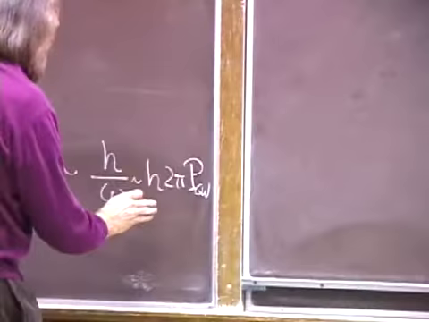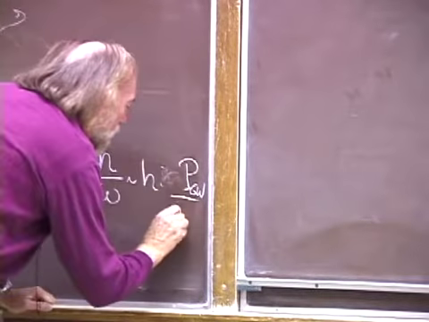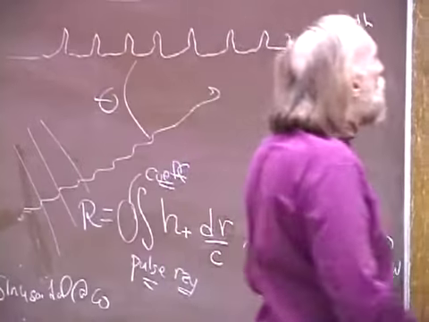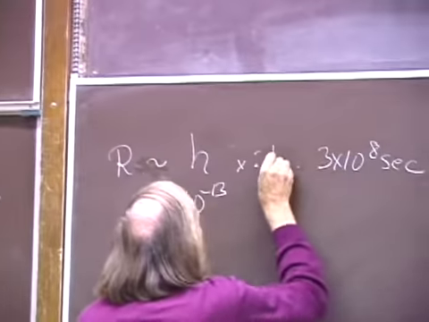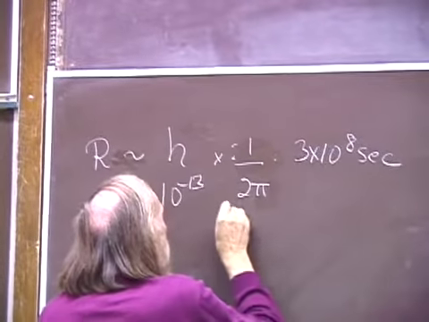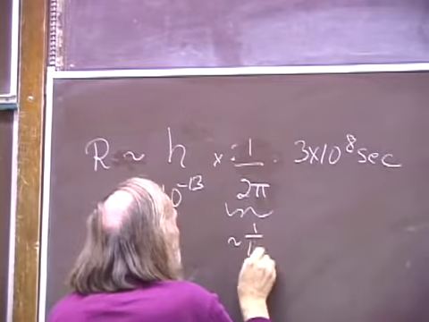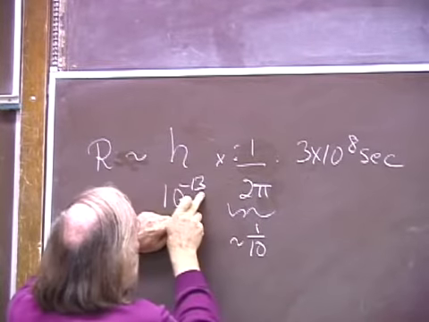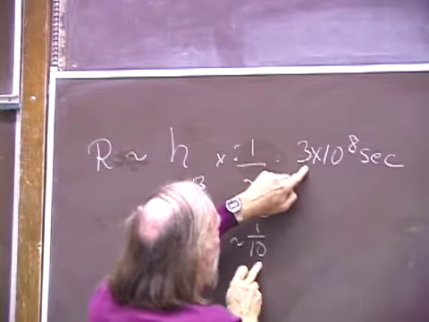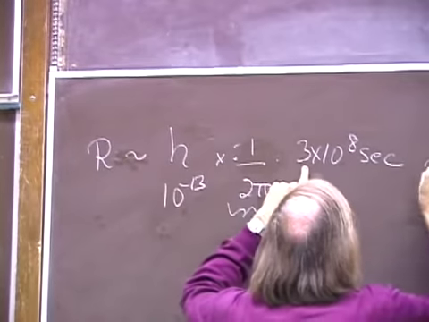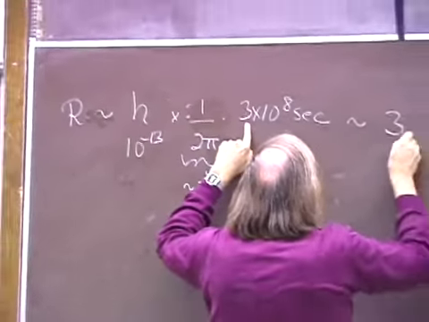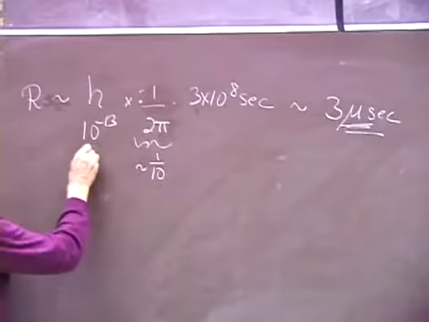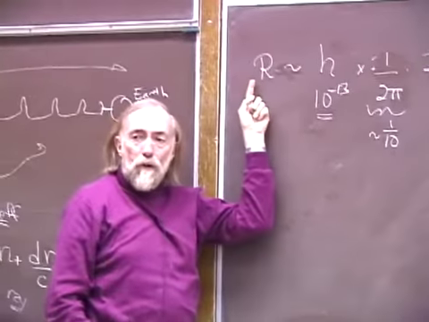And I've got my 2 pi in the wrong place. Omega is 2 pi over the period. I wish it were up here, but unfortunately it's down there. And 1 over 2 pi is approximately 1/10. So we get 10 to the minus 13, 10 to the minus 1, and a 3 times 10 to the 8. So that's about 3 microseconds. So an h of 10 to the minus 13 gives you a residual of order a few microseconds.